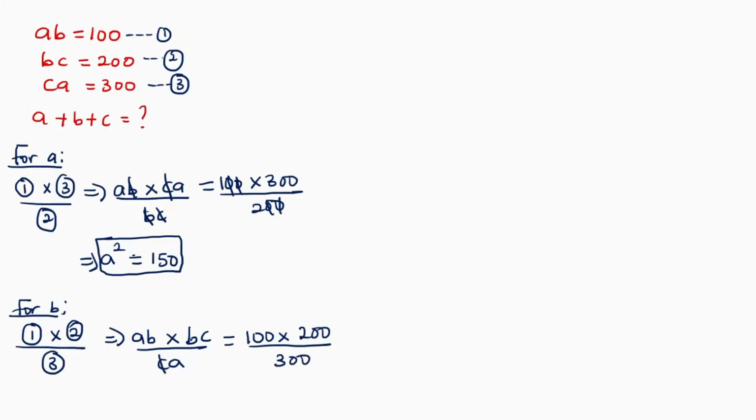Right here, C cancels out C and A cancels out A. So we have B multiplied by B, which is B squared, equal to 0 cancels out 0, 0 cancels out 0, and we have 1 times 200, so we have 200 over 3. And hence, this is for B.